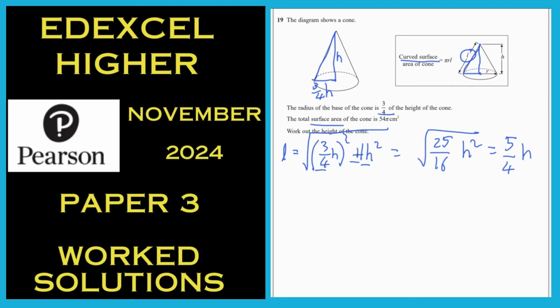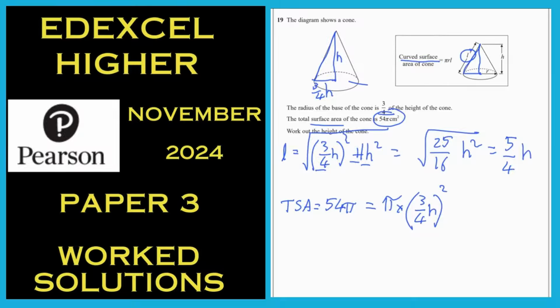Let's now crack on. Total surface area is 54 pi. The total surface area, including the base, will be pi r squared. r, don't forget, is 3/4 h.